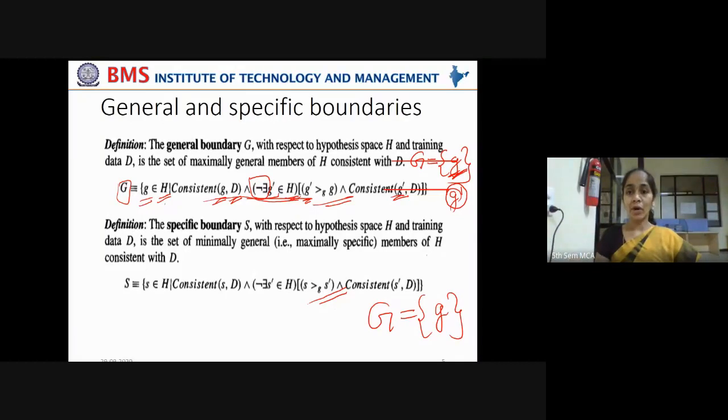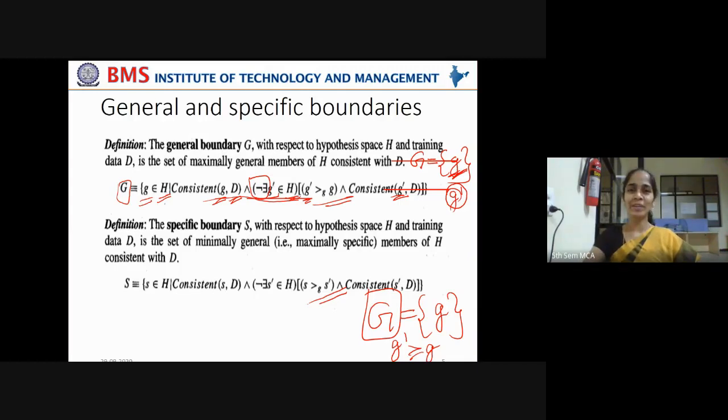Not only one, it may have more general hypotheses, but what is the condition? There should not exist any other hypothesis G dash which is consistent with the training examples and at the same time more general than G. If at all it exists, this G is not a boundary set. It is just a hypothesis set. Got it?